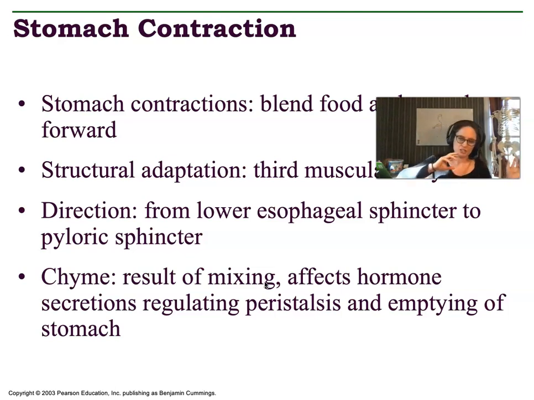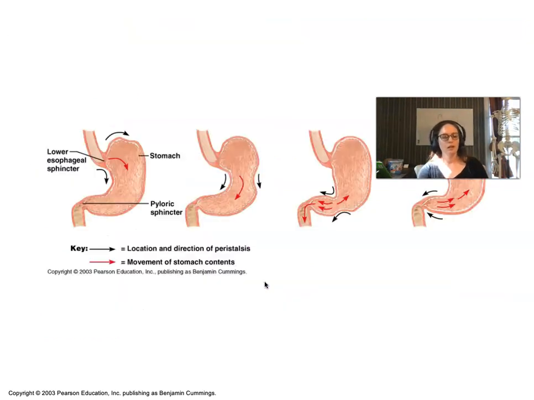Your stomach doesn't just dump everything into the duodenum. Your stomach fills with food, and then a certain amount, that pyloric sphincter opens and allows a certain amount into the duodenum, and then another certain amount, and another certain amount gradually. Gradually is what we want. We don't want it all dumped. There's actually something called dumping syndrome, which is where the pylorus of the stomach dumps everything into the duodenum, and it's really unhealthy when that happens.